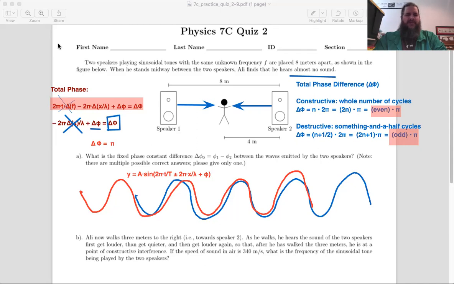So delta little phi, lowercase phi, is going to be pi. So we'd say one of the speakers is ahead of the other by half a cycle. And what would that mean about the actual behavior of the speakers? What does it mean for the phase constants to be different by half a cycle?